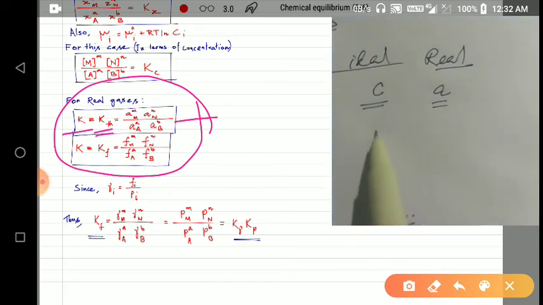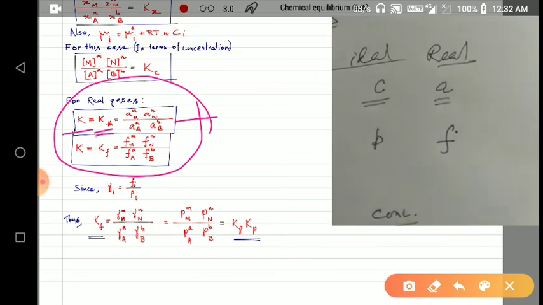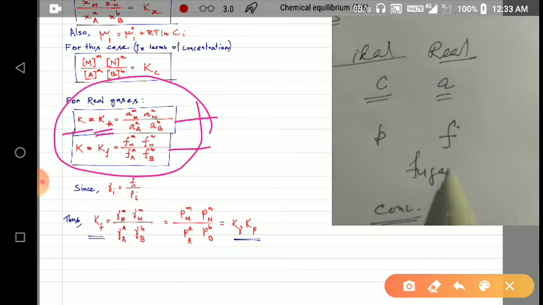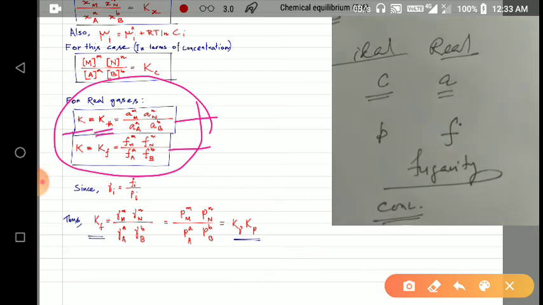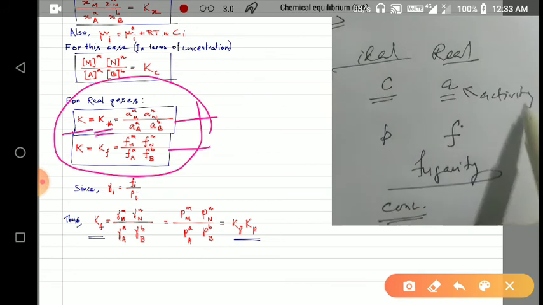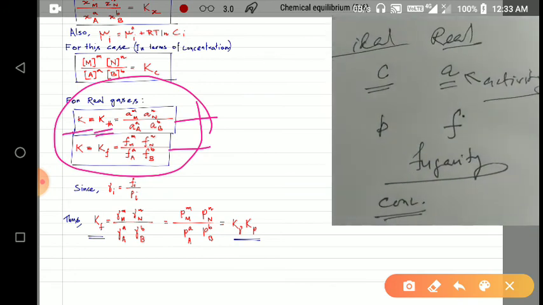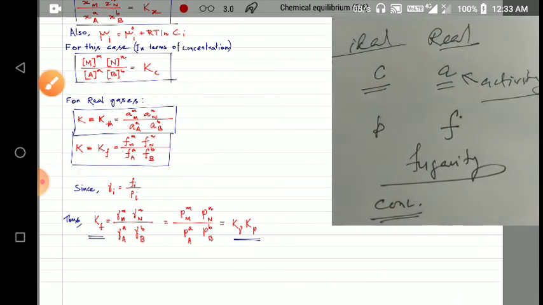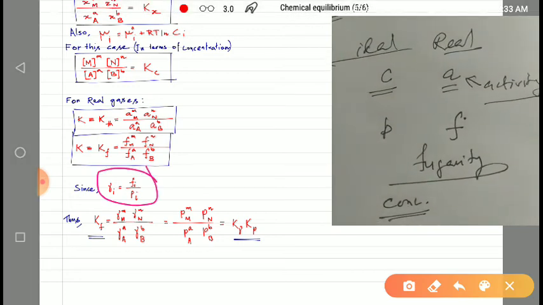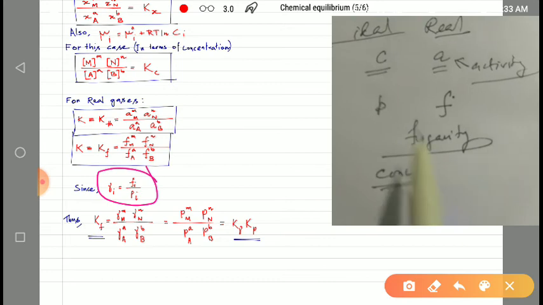And the pressure should be replaced by the fugacity, f.